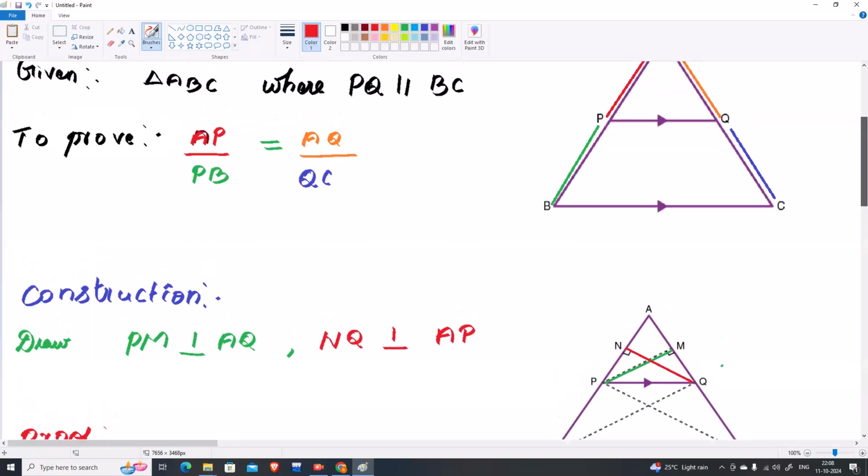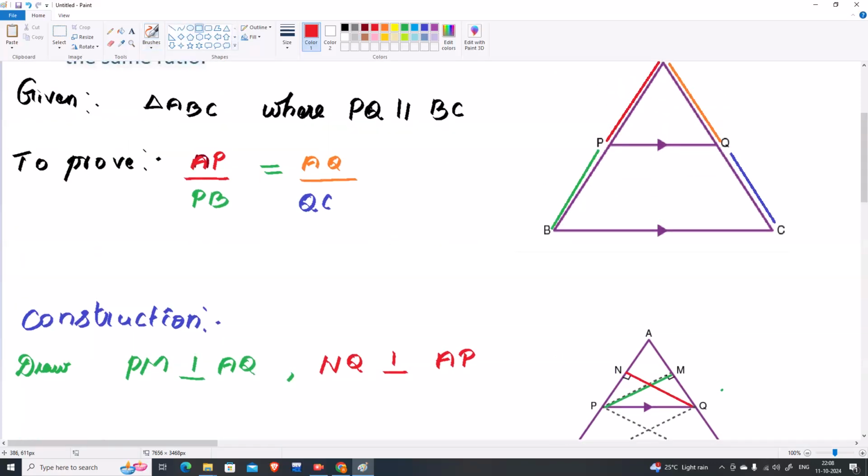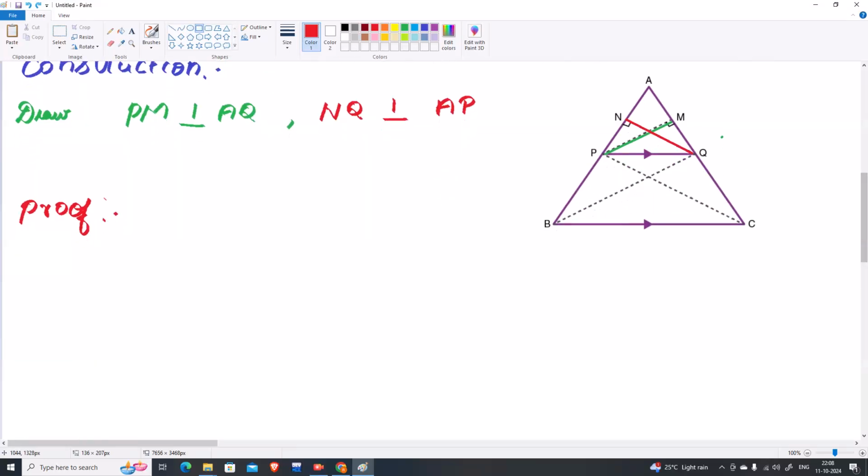First we pay attention to the left hand side. The left hand side is AP by PB alone. AP is a part of triangle APQ. I'm using a red color to show triangle APQ.